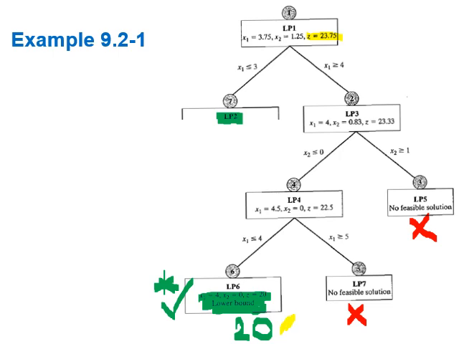Now we know that the optimal solution will be between 20 and 23.75. But we still didn't get the optimum solution. We cannot say that this is the optimum solution because there is one node, LP2, we haven't explored yet. In the next step, we will continue with it.